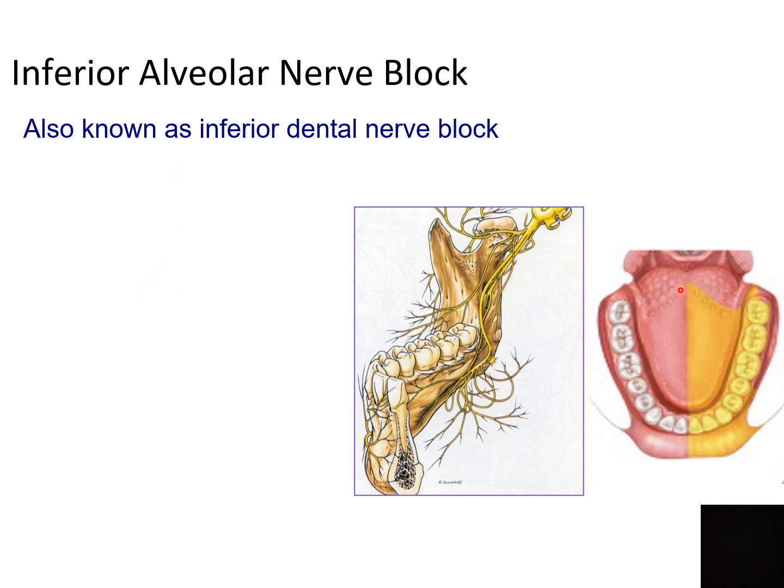And as you can see in this picture, if you were to administer an inferior alveolar nerve block, it would anesthetize all the teeth in the mandible on one side, the buccal soft tissues anterior to the mental foramen, and also the lower lip.